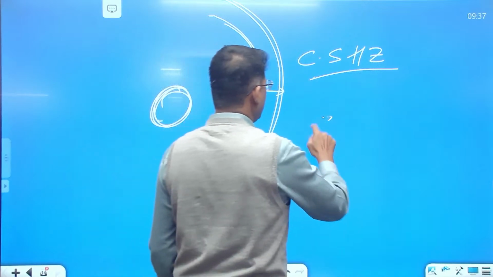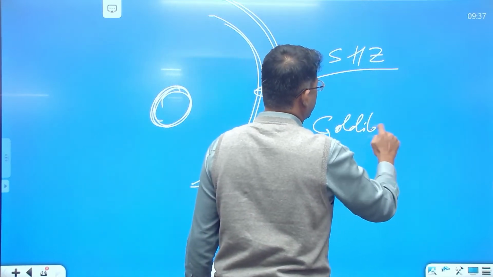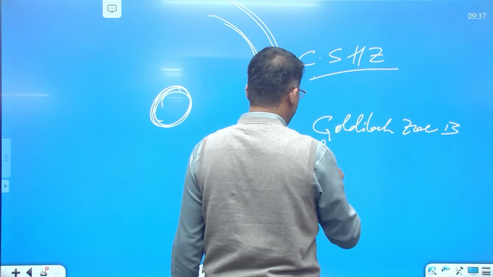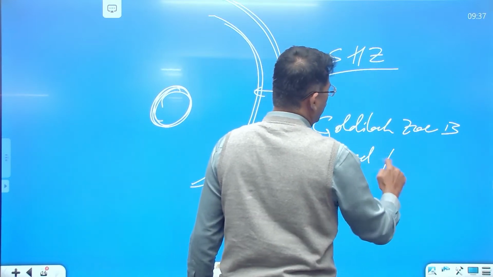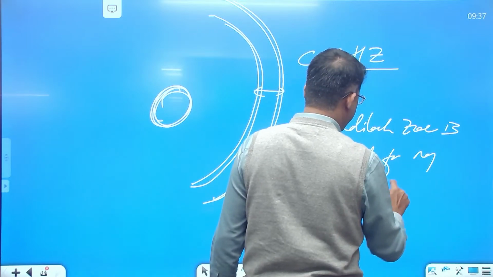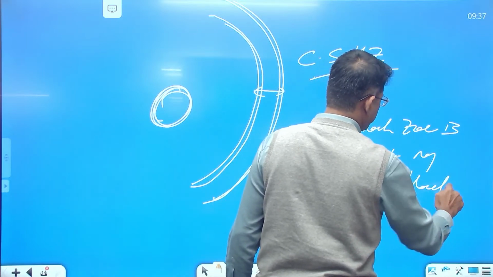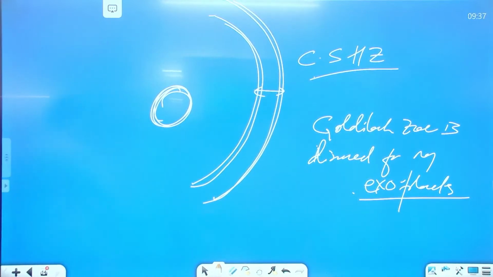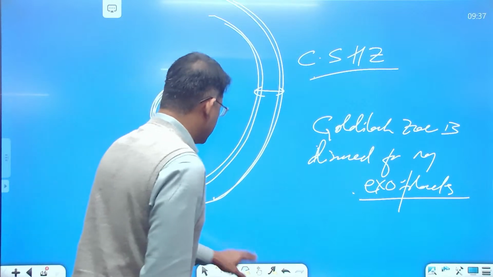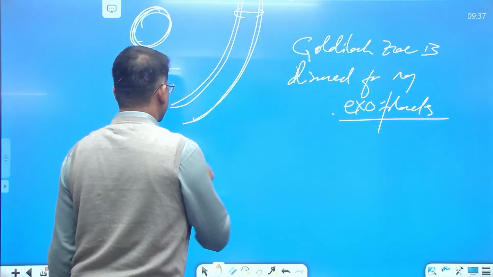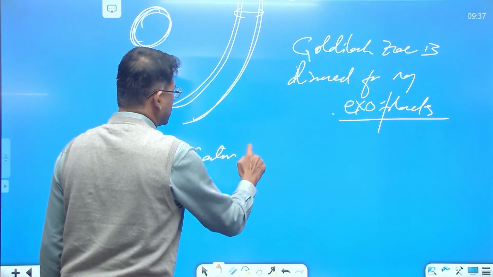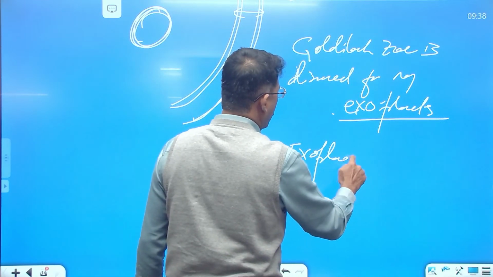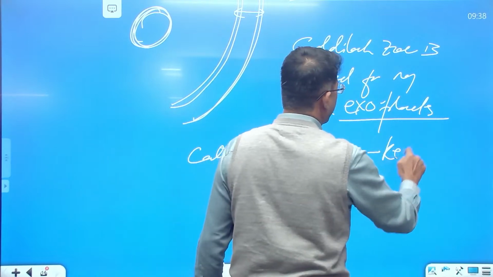The Goldilocks zone is discovered for many exoplanets. There are certain types of exoplanets. We have called them the Kepler planets.